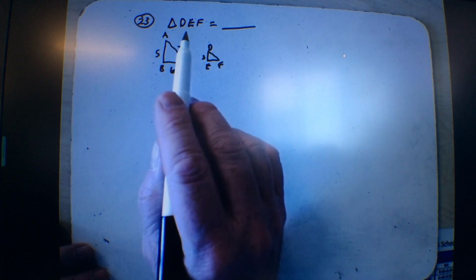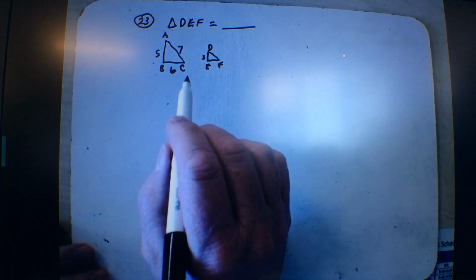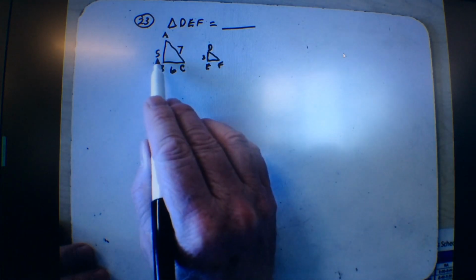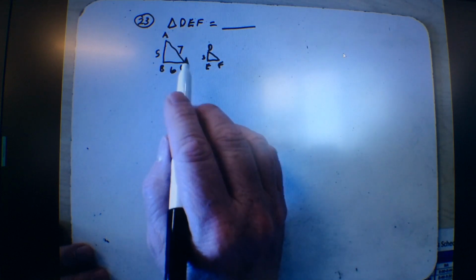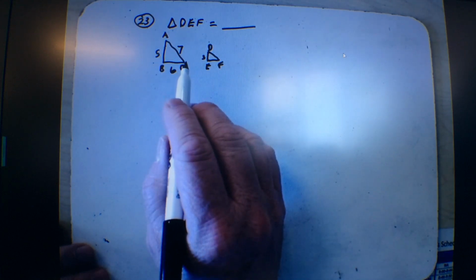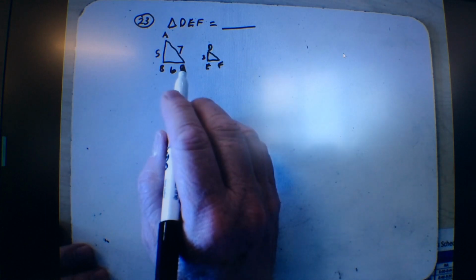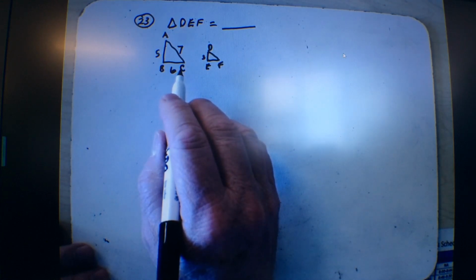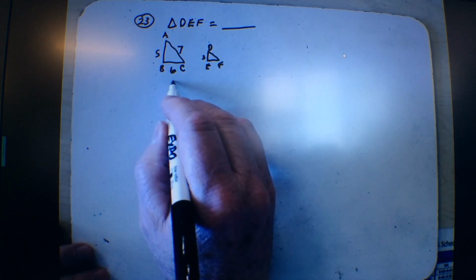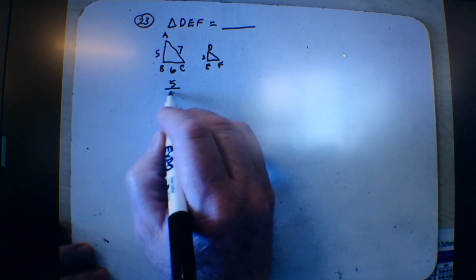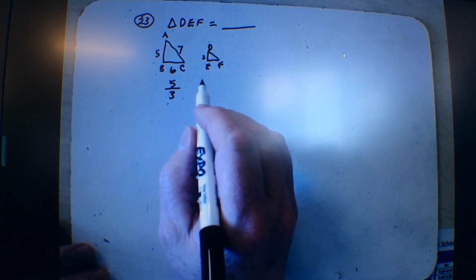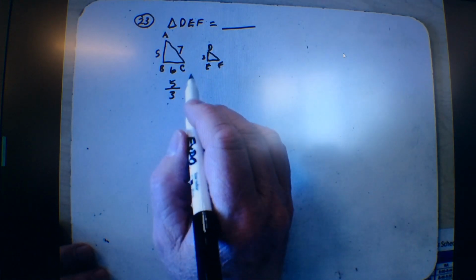So what side matches the 3? What's its corresponding side? AB, which is 5, right? So the relationship is what? We're going from ABC to DEF. It's 5 over 3. Okay? So the perimeter is what?